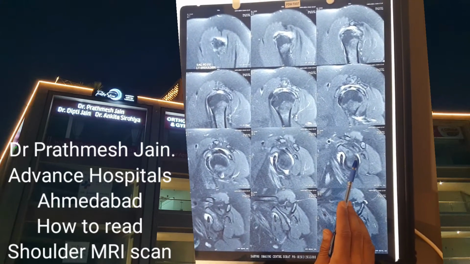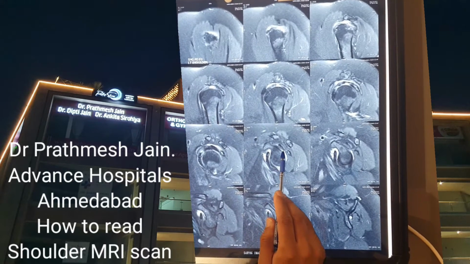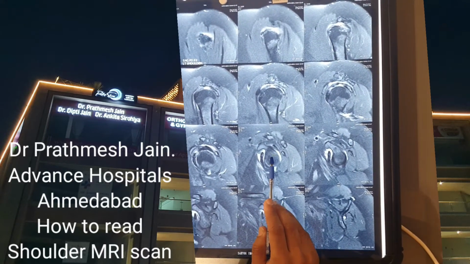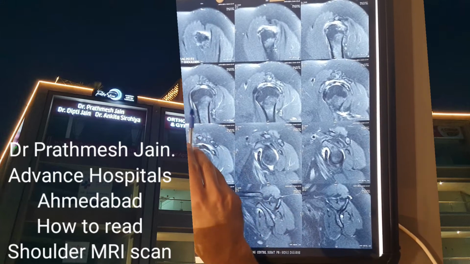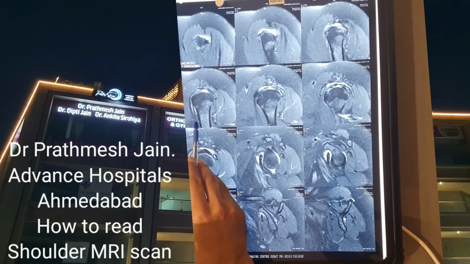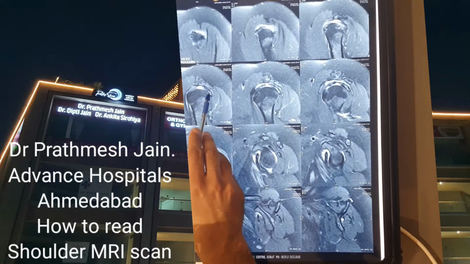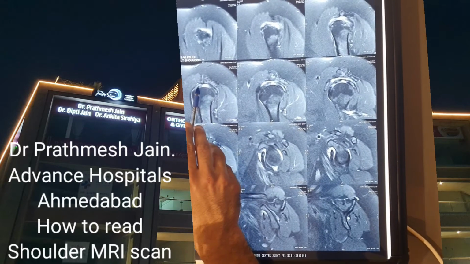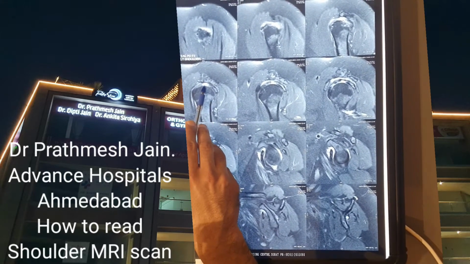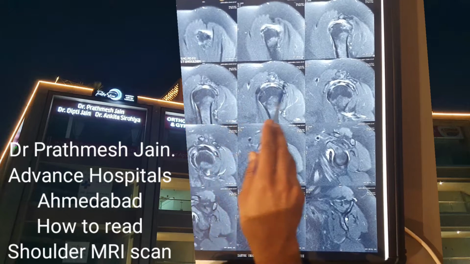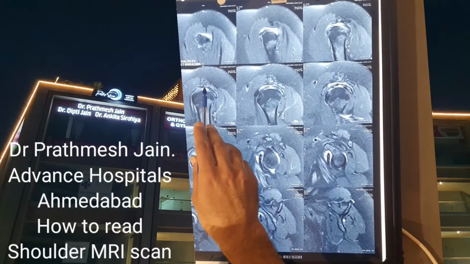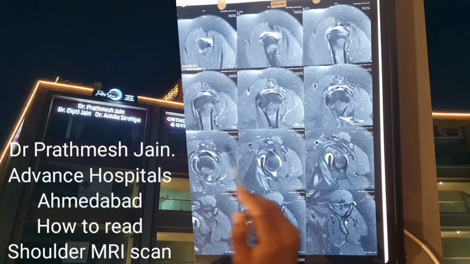This is the glenoid, and you can see inflammation, a little bit of fluid. In coronal sections, this is the weak shadow of the biceps, this is the shadow of the muscles, supraspinatus and infraspinatus, and a deep shadow here. So this is probably a slit suggestive of a rotator cuff tendon tear.